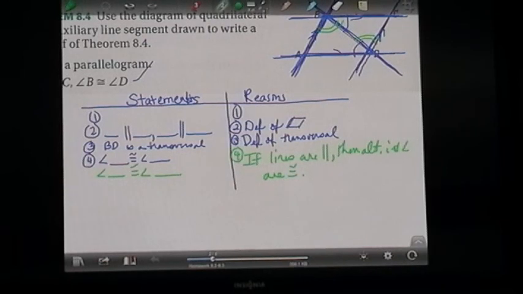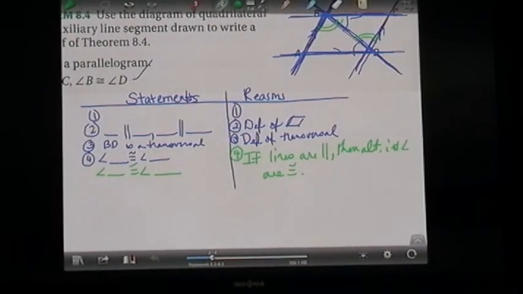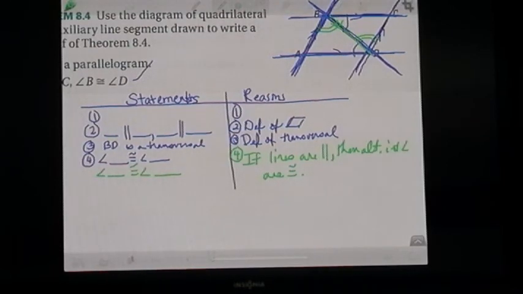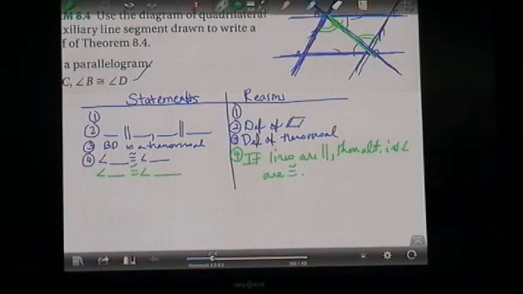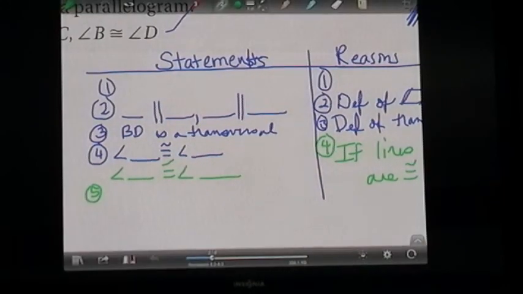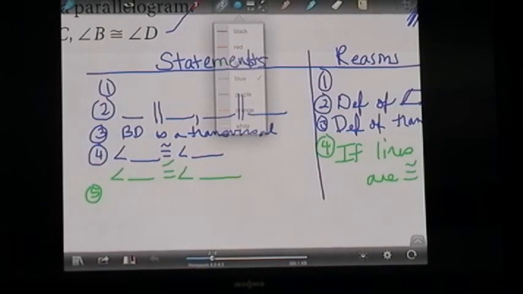Okay, now to prove angle A and angle C, we need to prove the two triangles are congruent. So we have this segment right here, and what do we know about it? It's congruent to itself. I really should be using my blue.